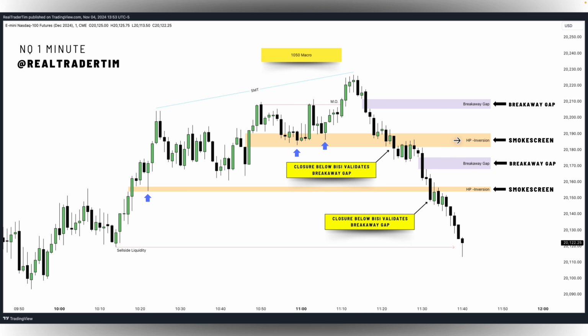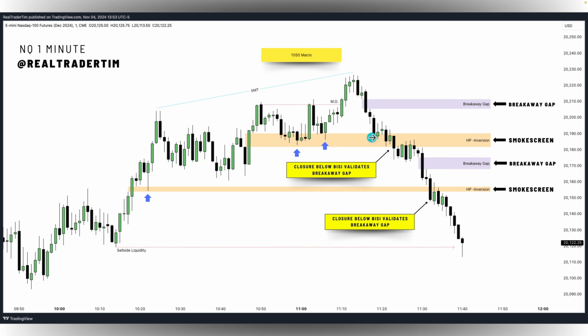Why can I confidently, while price is printing live, say this is a high probability bearish inversion? This is what my students and I look for and see on a day-to-day basis in the marketplace. These are the signatures that we look for. This BISI, plain and simple, utilized to send us higher. On top of it, SMT, as you can see here, just makes any setup higher probability. The BISI was utilized to send us higher.